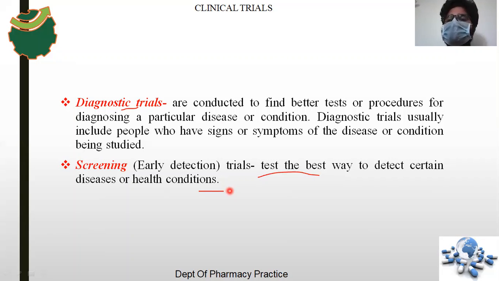How did they come to know this? They did a screening test, or early detection of it. Take another example of risk factors. How do we know there is a risk? People who smoke have a high chance of getting lung problems. How? We have done a study and came to know that people who smoke have a chance of lung cancer.